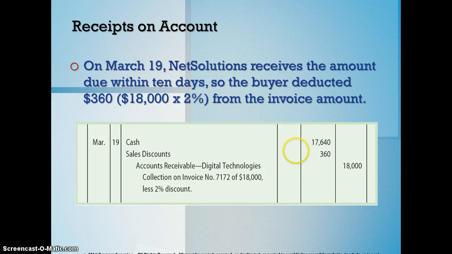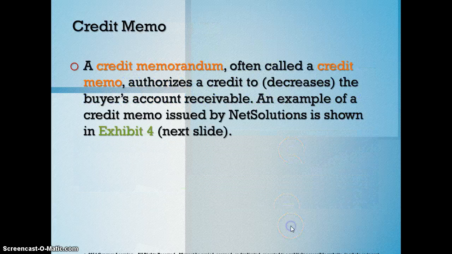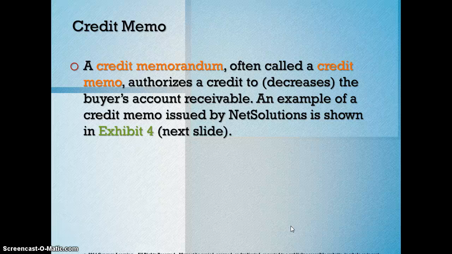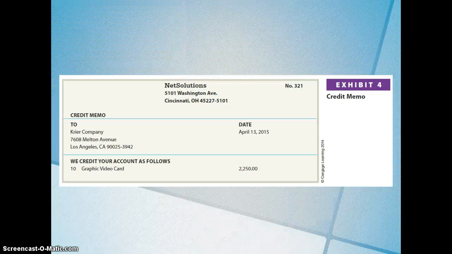Okay, so we're going to receive a check in the mail from Digital Technologies of $17,640, and we're going to record the fact that they took a discount. So a discount is a normal debit balance, and then we're going to reduce their accounts receivable by the $18,000, the amount of the original invoice.